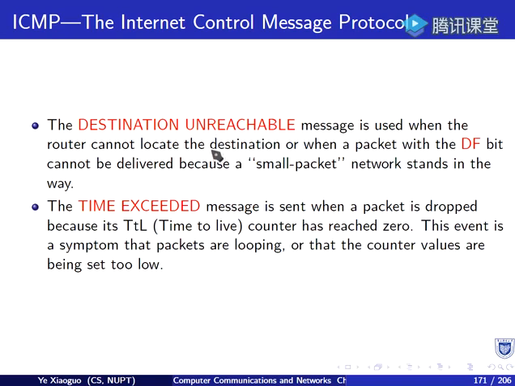The destination unreachable message is used when the router cannot locate the destination, or when a packet with the DF bit cannot be delivered because a small packet network stands in the way.